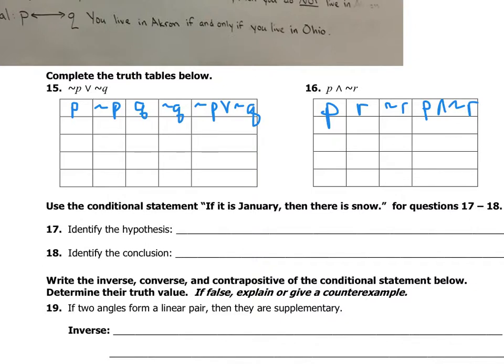So to start this off, just start with true, and then start filling in the rest of them. So I would go with true, true, false, false. Same way here. True, true, false, false to get you started. Again, use your notes to help you.